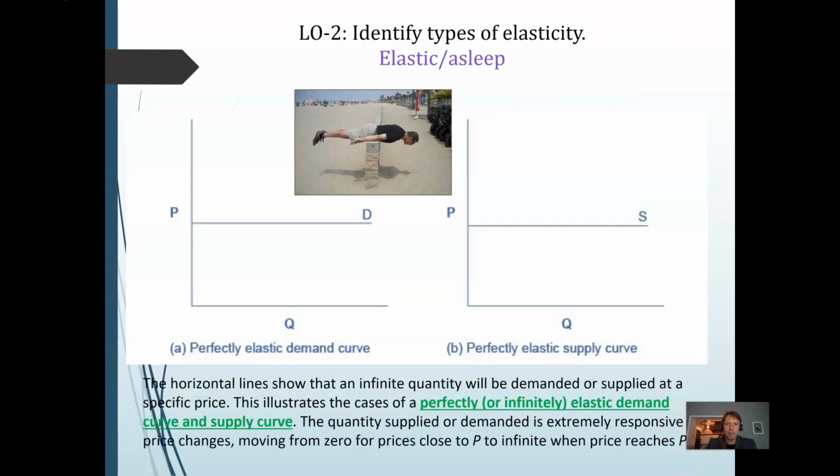So I like to think of my son, who always would run around planking different places we would go when he was younger. But you can see that whether it's a demand curve or a supply curve, if it's flat like this, we call it elastic. I also think of it as going to sleep, the flat tire, the planking, or laying in bed.